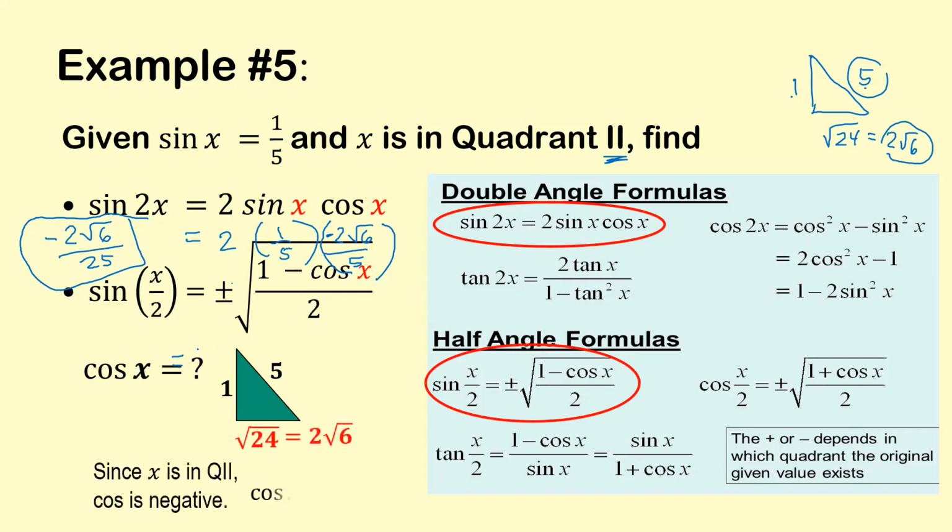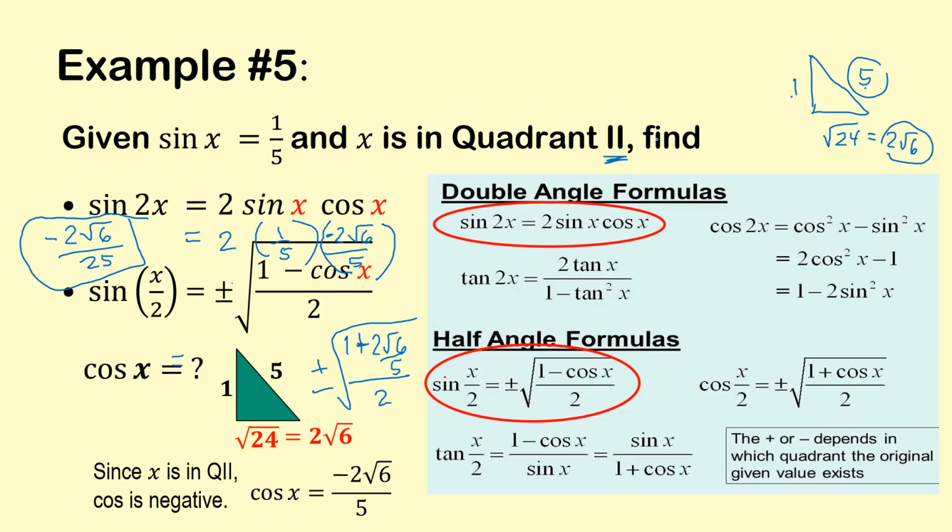Ayan. So, magiging answer natin dito is 1 plus 2 square root of 6 over 5. Kasi 1 minus negative, no? All over 2. Tapos, ganyan. Ano kaya yung magiging sign nito? Will it be positive or negative?